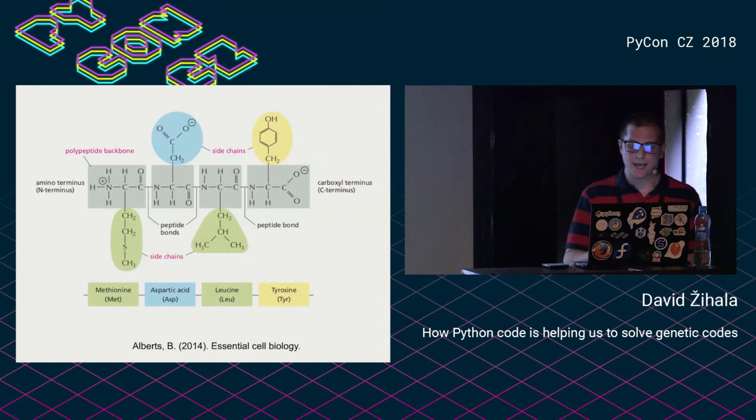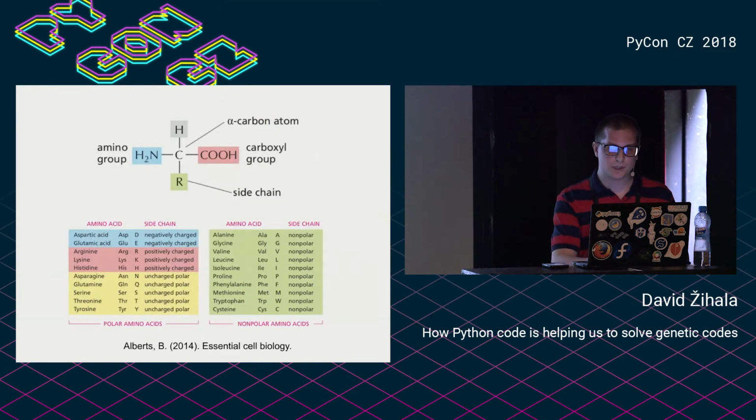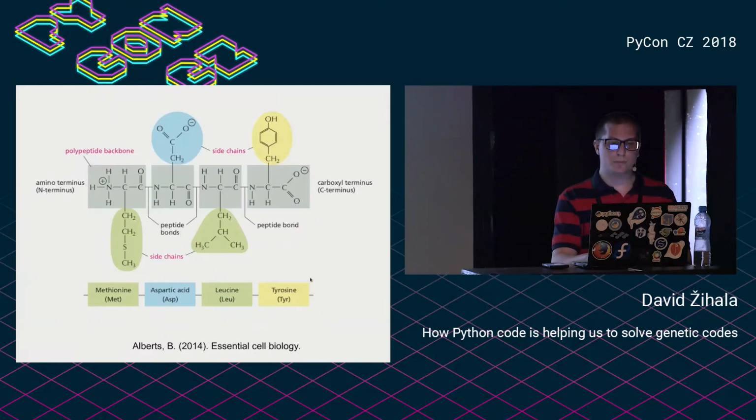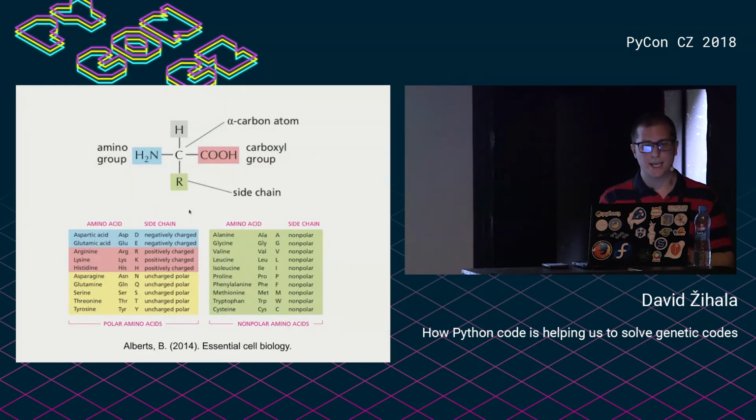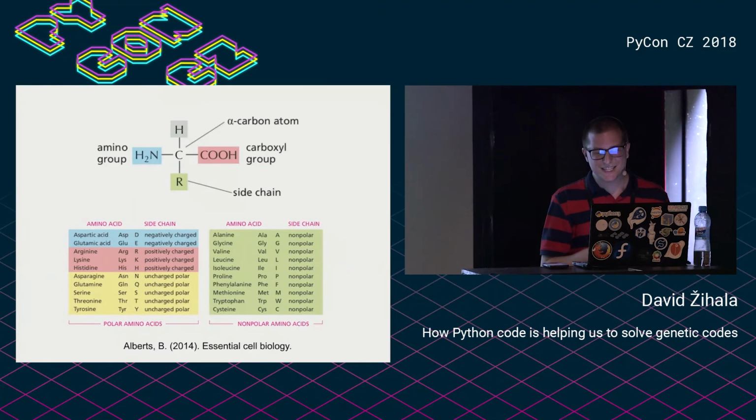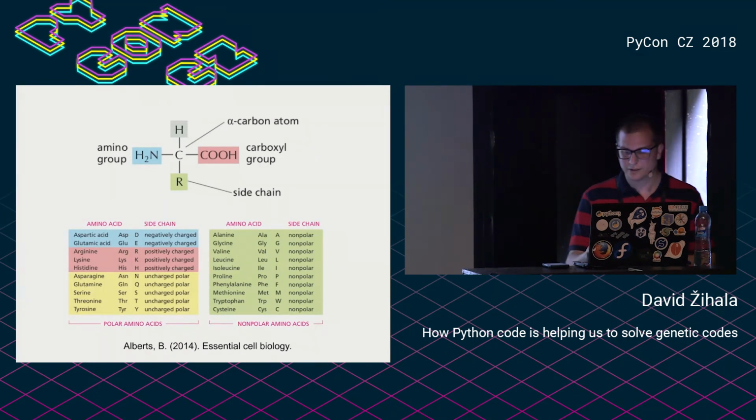There are at least 20 proteinogenic amino acids, which are bound together via peptide bonds. And those amino acids have different properties based on their side chains, which can be negatively charged, positively charged, uncharged, nonpolar, and many other things.